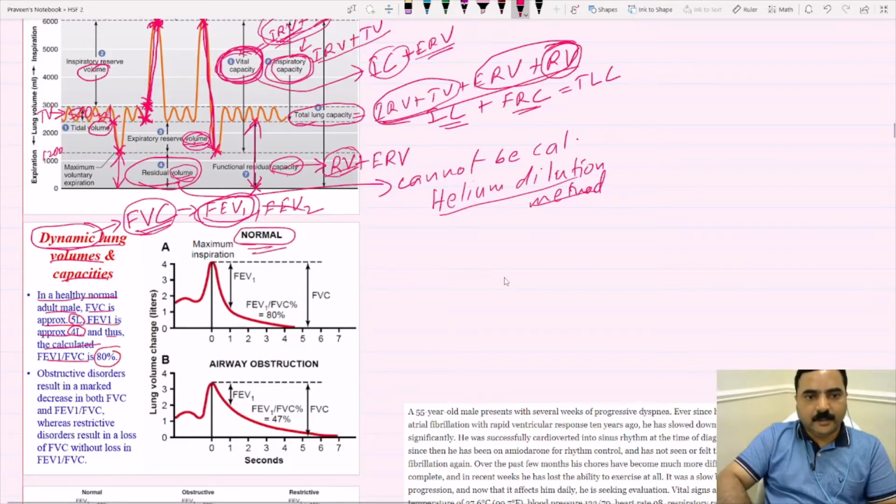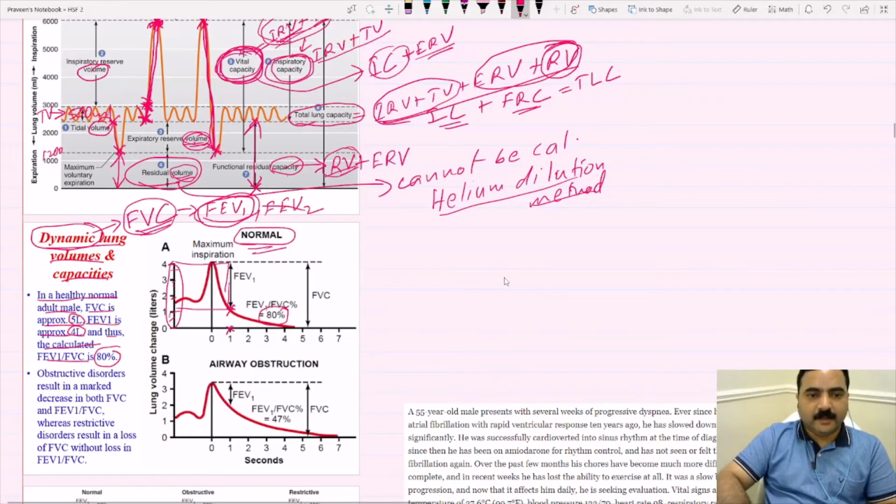You can see in 1 second, up to here, is the volume of air expired in 1 second, 1, 2, 3, and the total vital capacity is 0 to 4, 1, 2, 3, 4. That is what gives you an FEV1 by FVC of around 80%.